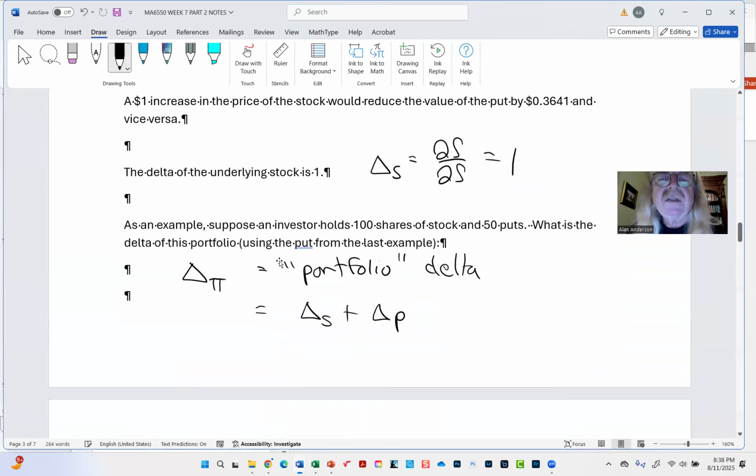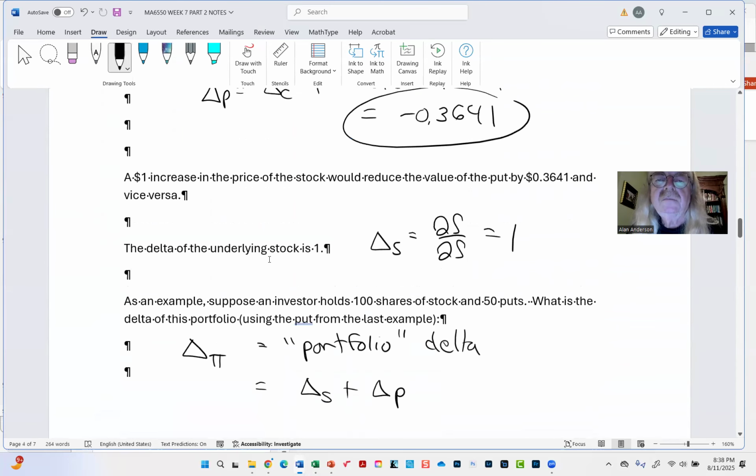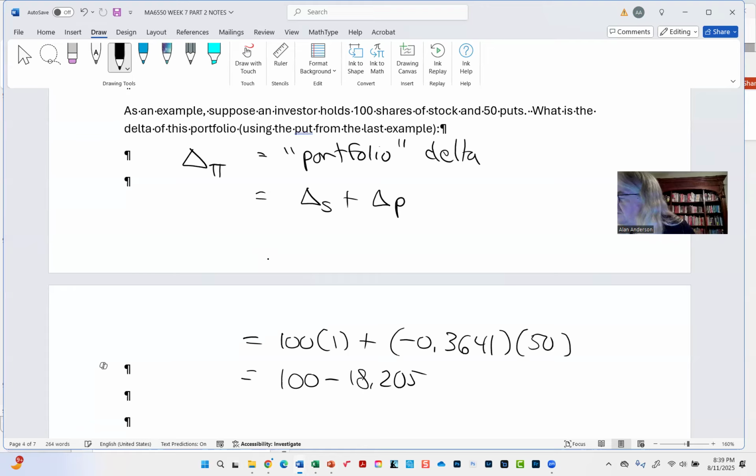And remember, this one is negative 36.41. And so that's going to give us a total delta for this position of 100 minus 18.205.